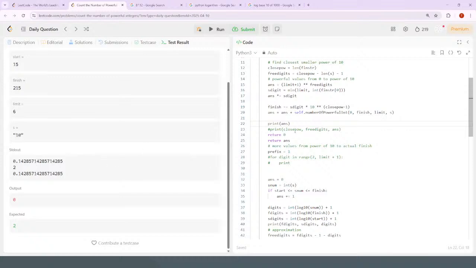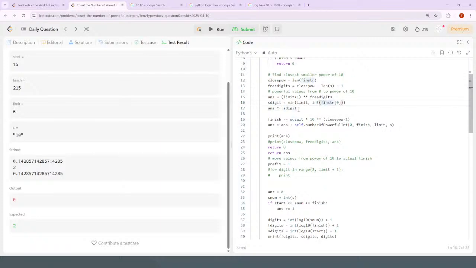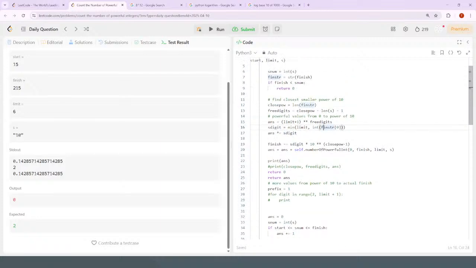And it's printing out some other crap that is definitely not correct. Limit. What is it doing here?